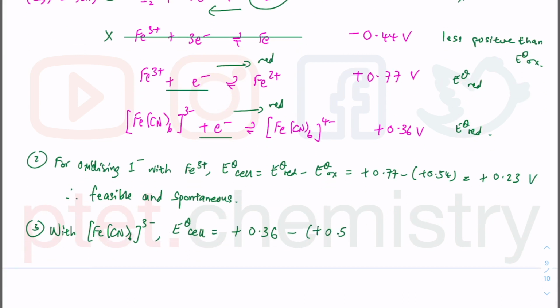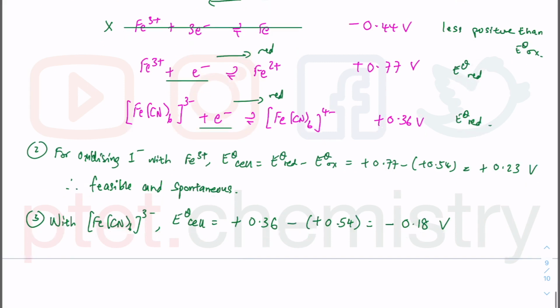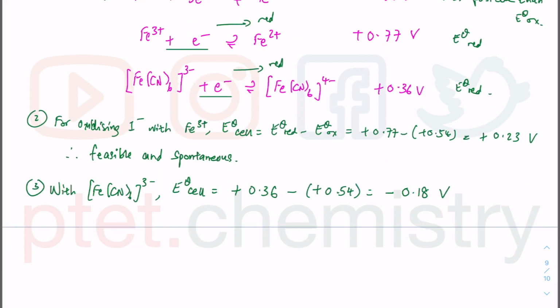This is a hypothetical situation, and we are just using our E naught value to work out whether it's possible or not. Here, this is minus 0.18 volt. So this is lesser than 0. Therefore, not feasible and not spontaneous.